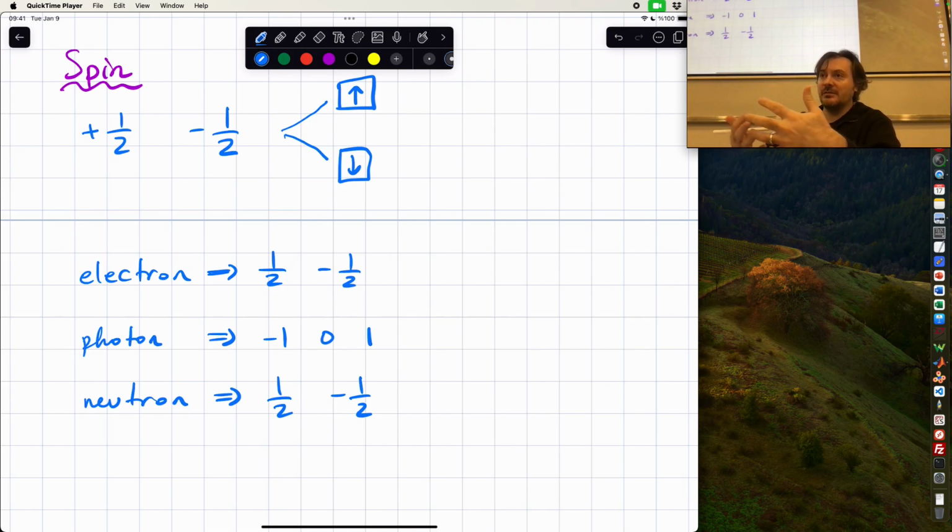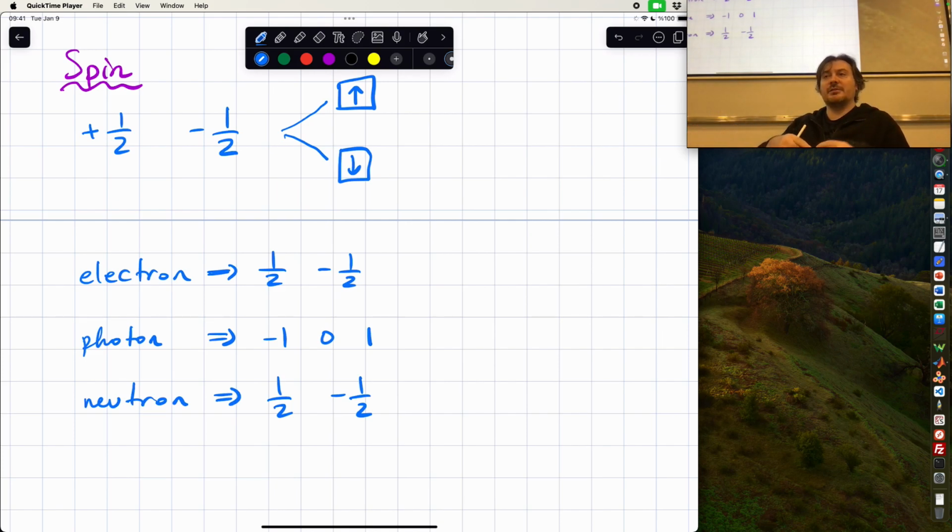Similarly, spin is a mathematical construction, but everything is a mathematical construction, like when you write down the law of gravity, okay? So you are not asking whether it's real or not, you are asking how people came up with it, right? So people came up with it by looking at the experiments.